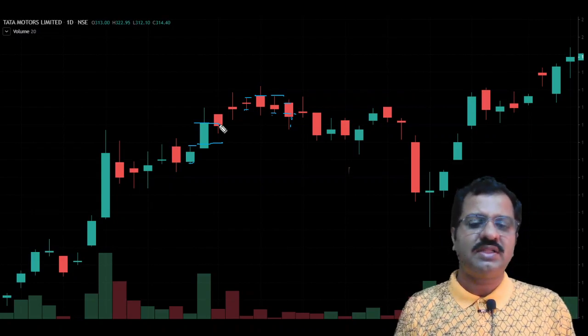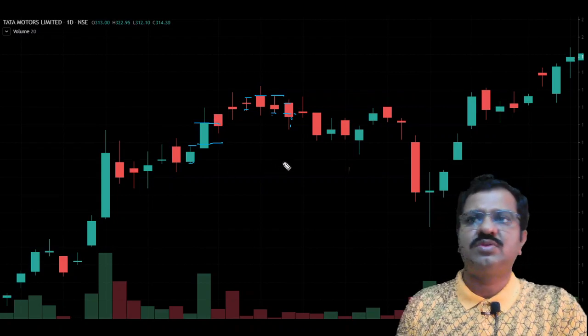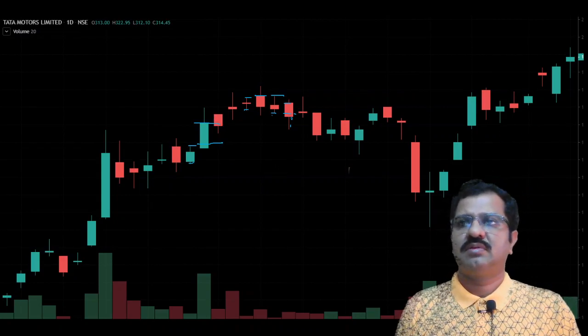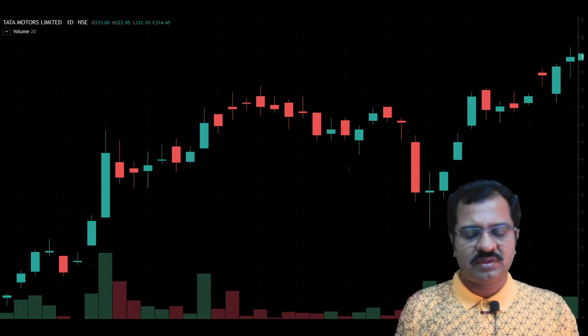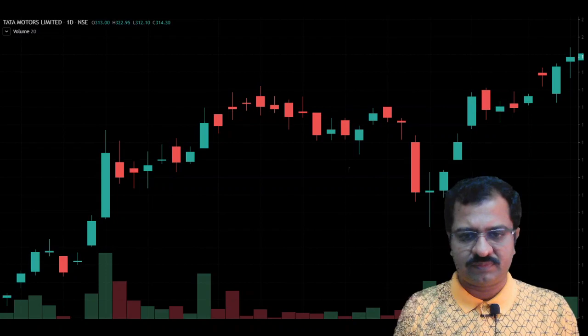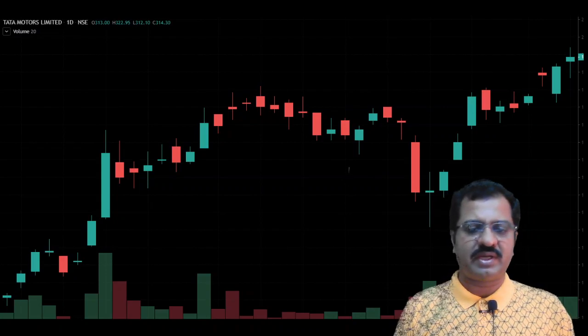Now why does this work? Because for price to go up fast, there has to be consolidation. So what do I mean by consolidation?